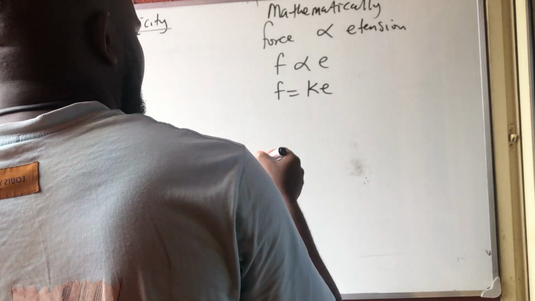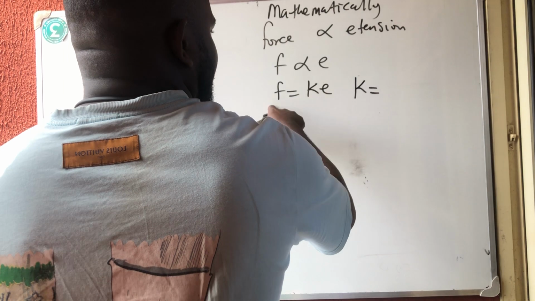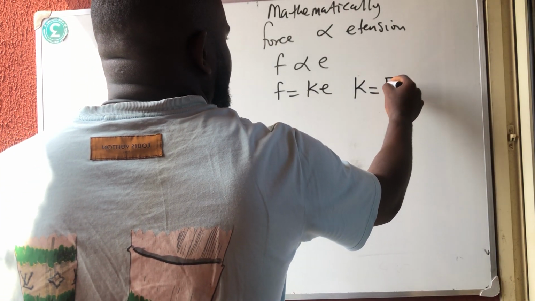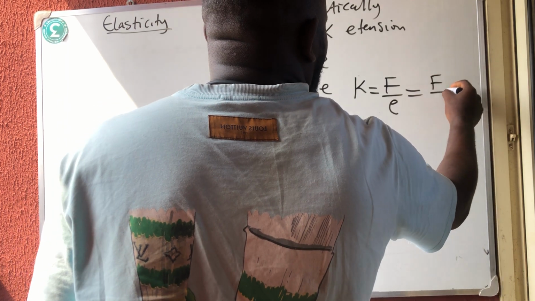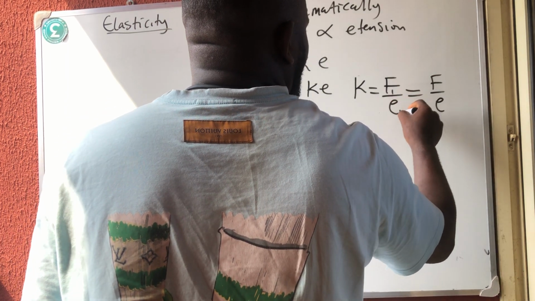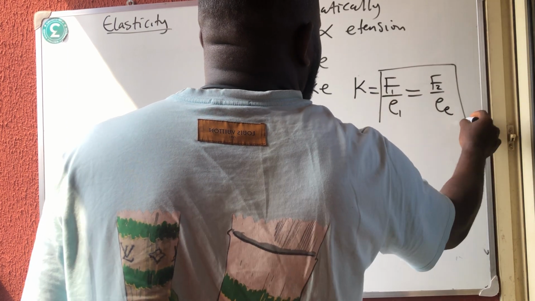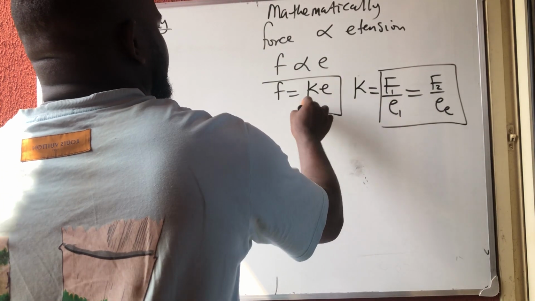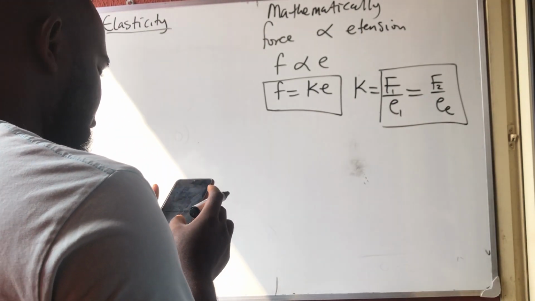If we make K subject of formula, we are going to have K equals F over E. We can say it's equal to another F over E, call this one F1 over E1, F2 over E2. These two formulas are very, very important. We are going to use them in our calculation.